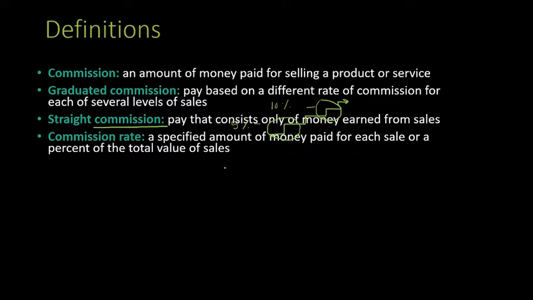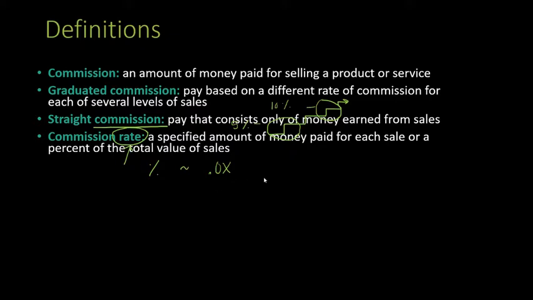For the most part, in all of your questions, that commission rate, keyword rate, will be presented to you as a percentage. Get used to, whenever you see a term that has the word rate in it, expect to see either a percentage or some sort of decimal amount, okay? And you'll know that that number is some sort of rate.